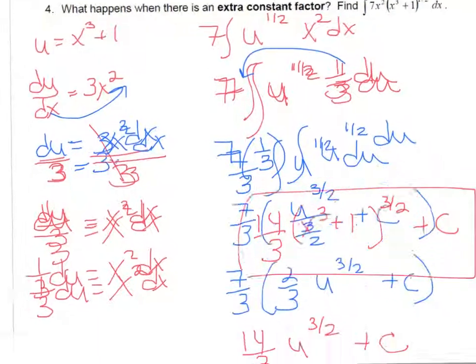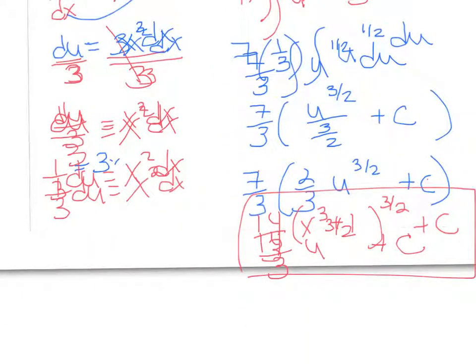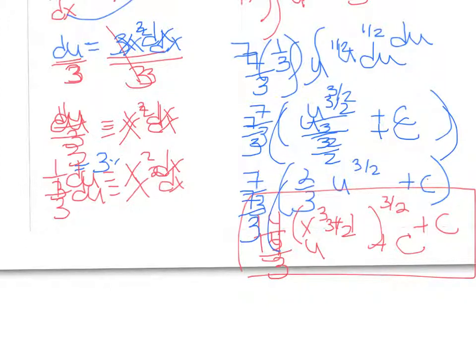Now we can take the antiderivative. So we're going to add 1 to the exponent over that exponent. But I don't want the fraction in a fraction, so we're going to multiply by the reciprocal of the denominator.